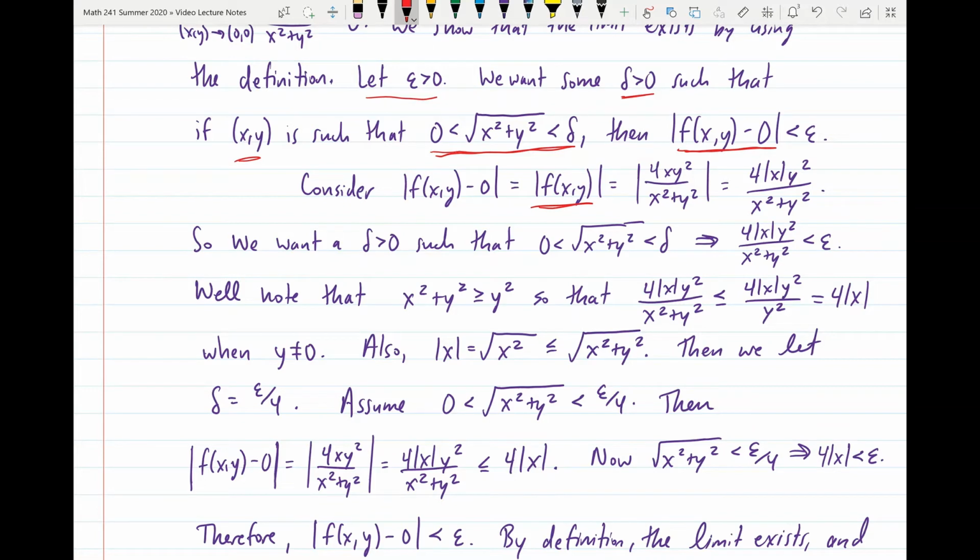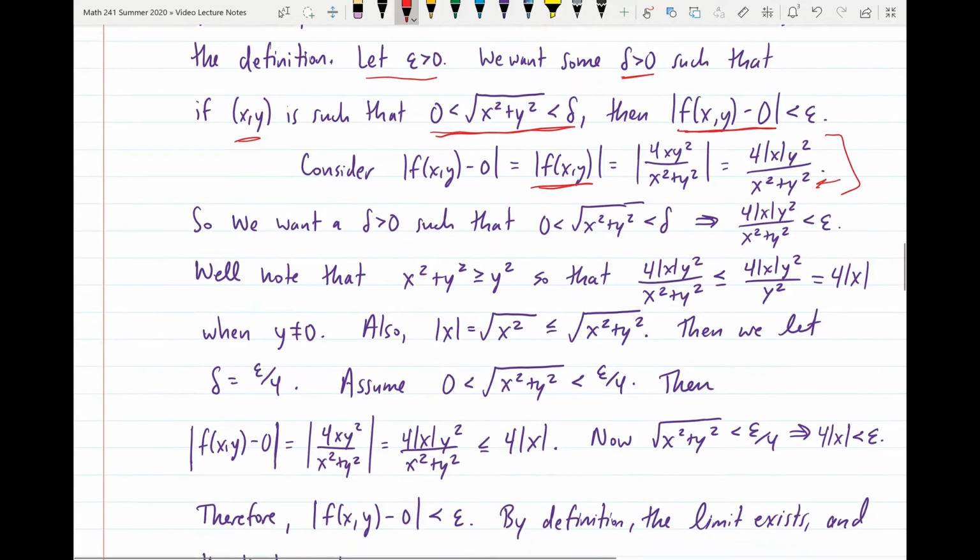So the absolute value of x squared plus y squared is just equal to x squared plus y squared. y squared is always going to be greater than or equal to 0, and 4 is of course greater than 0. So we can actually simplify it to this expression here, where we just keep the absolute value around the x.